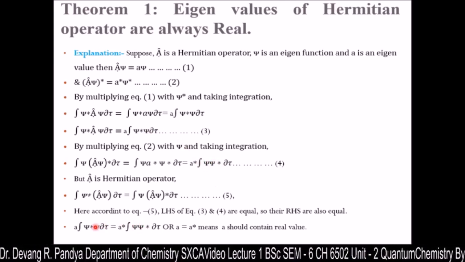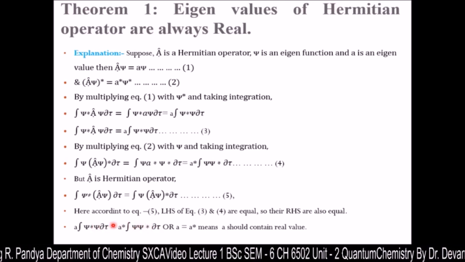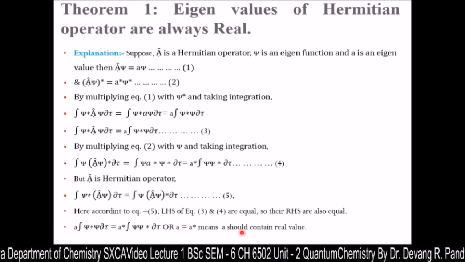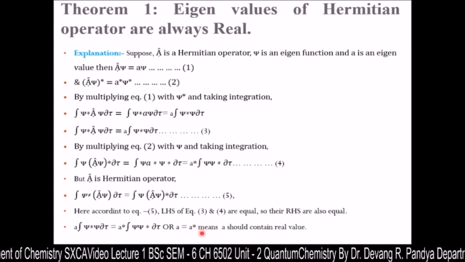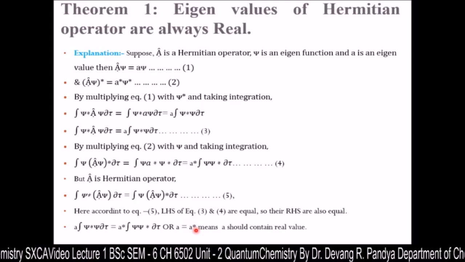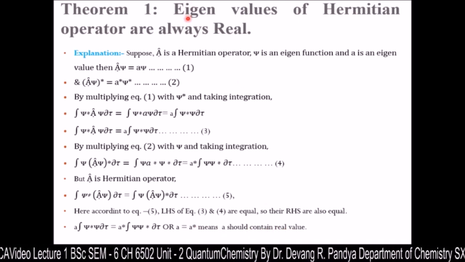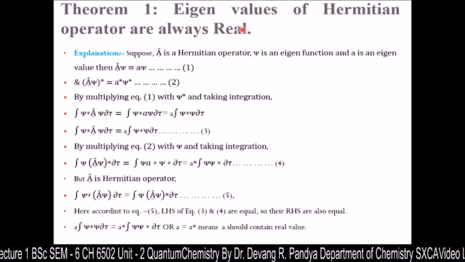This is only possible if A is equal to A*, meaning A should be constant. It should not change after taking its complex conjugate. Means A is equal to A*, means it is a real value. So we can prove that the eigenvalues of a Hermitian operator are always real.